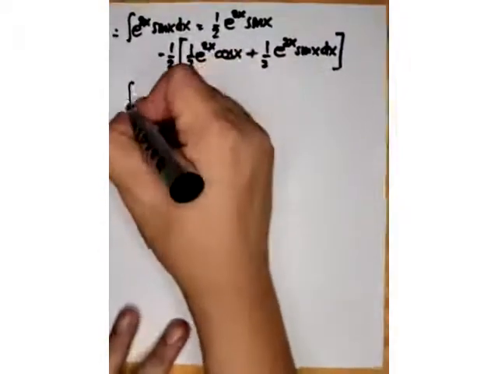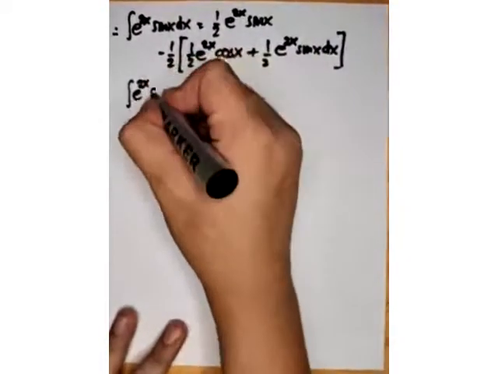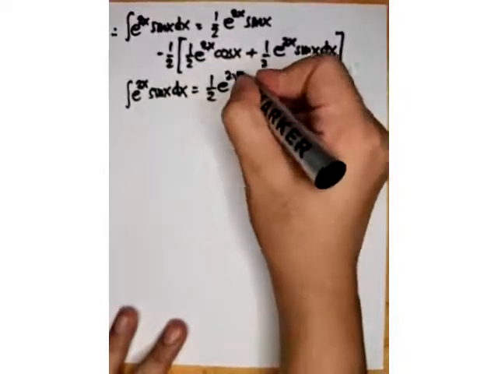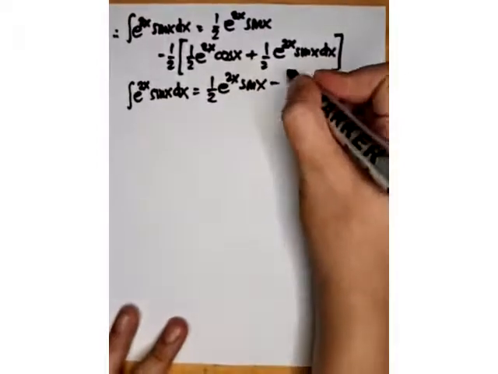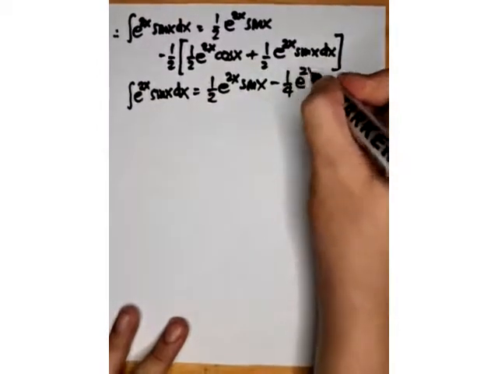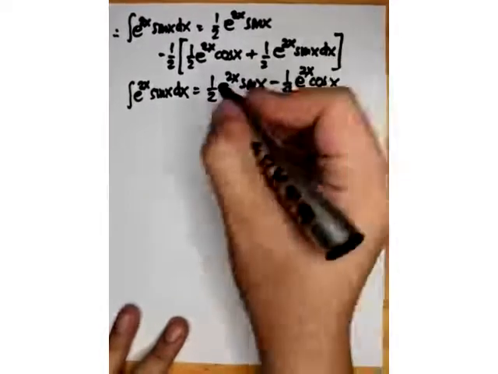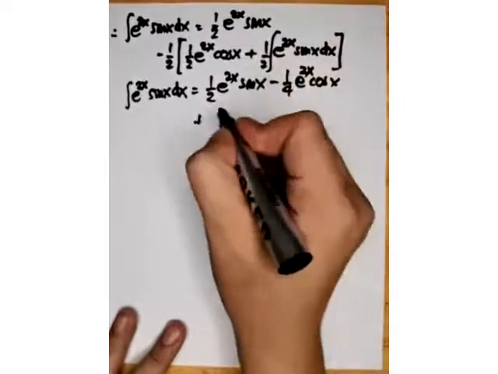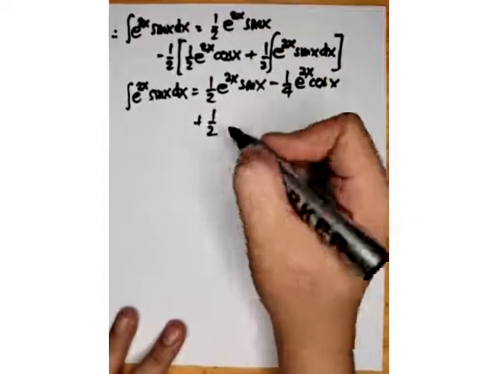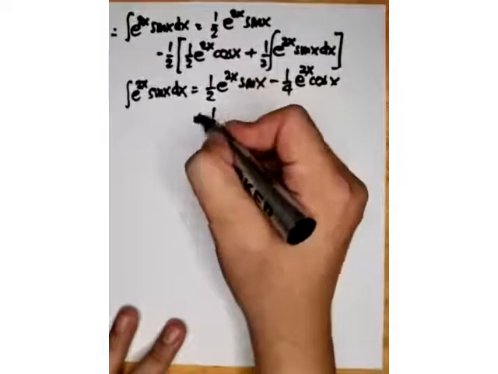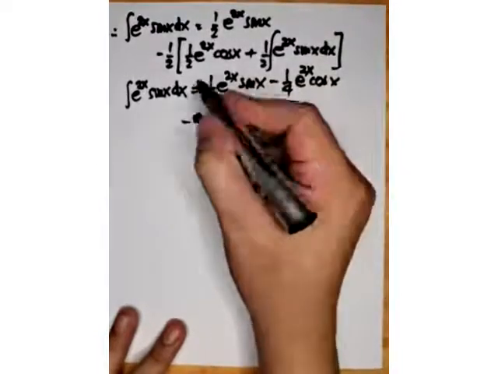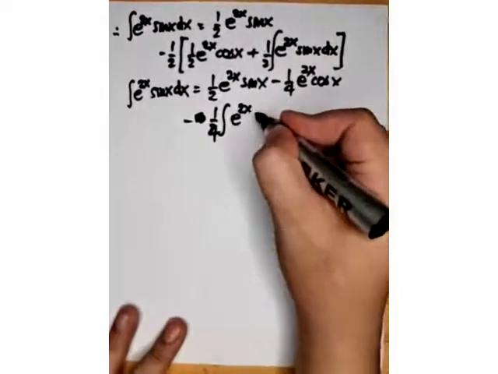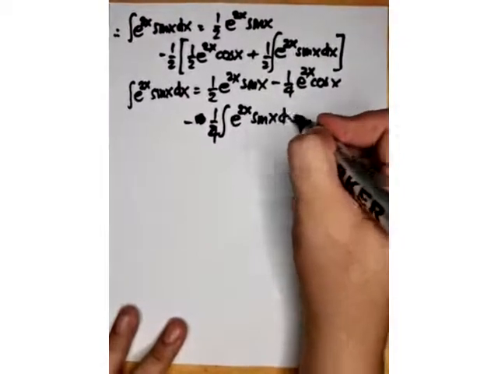Okay, let's simplify. The integral of e raised to 2x sine x dx is equal to 1/2 e raised to 2x sine x minus 1/4 e raised to 2x cosine x minus 1/4 the integral of e raised to 2x sine x dx.